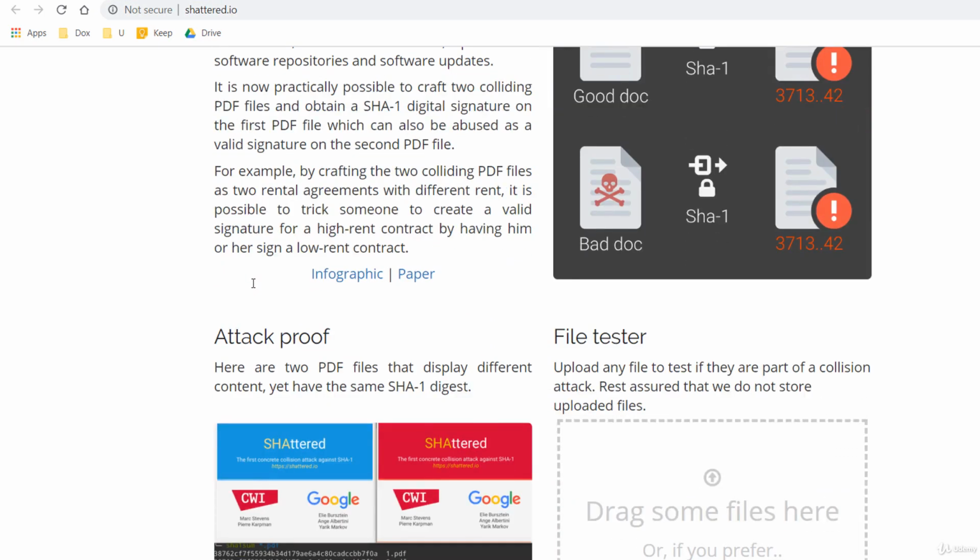The attack required the equivalent processing power of 6,500 years of single CPU computations. The team has spent 2 years developing the technique and the cost of the resources involved was more than 130,000 US dollars at that time.